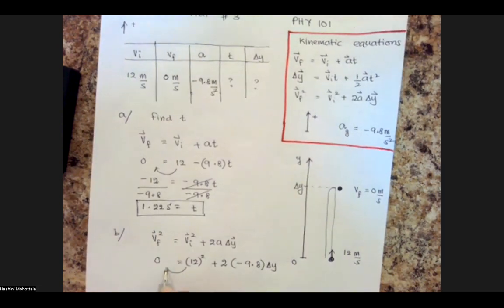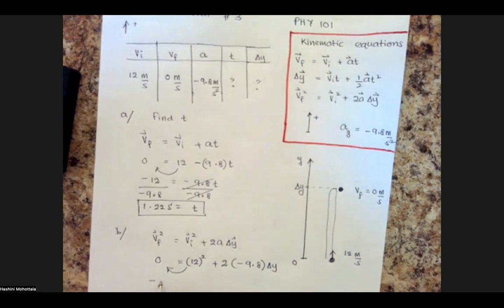So 12 squared, bring it to this side, and if you use the calculator, you will find that it is 144. Since you bring it to this side, you add a negative sign there, and the negative sign over here comes to the front. And there you have 2 times 9.8 times delta y. Now to isolate delta y, let's divide both sides by negative 2 times 9.8.